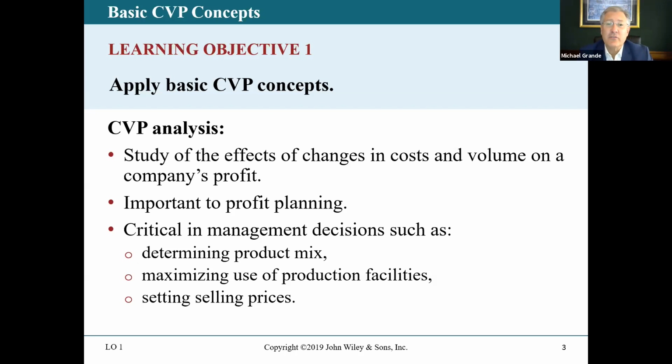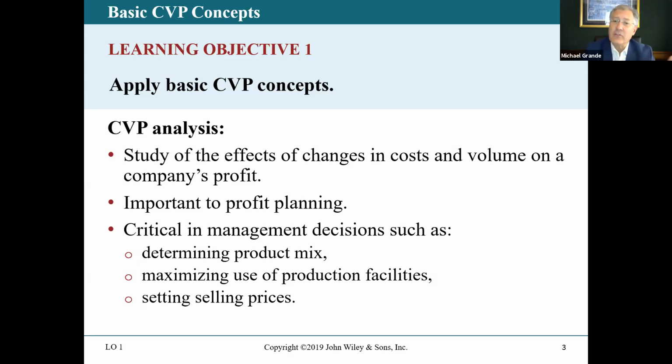Again, we're trying to find ways to improve profitability, finding out what the effects are on changes in costs, whether they be variable costs or fixed costs, what are the effects of changes in sales price, what are the effects of changes in volume, ultimately on what? On profit.